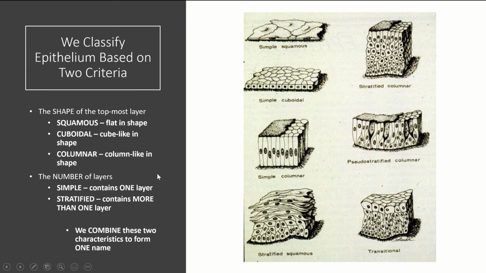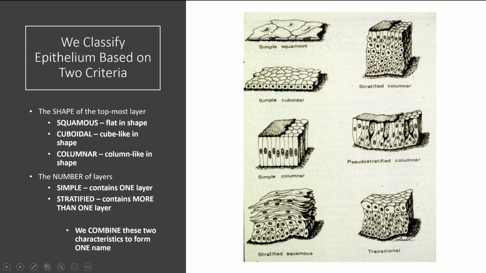The next one we're going to classify is going to be based on the number of layers. Okay, so like I was trying to say earlier, we classify it by the number of layers, right? So it can have different numbers of layers, and simple is what we're going to call epithelium that only has one layer. There is only a single layer of cells throughout here, right?